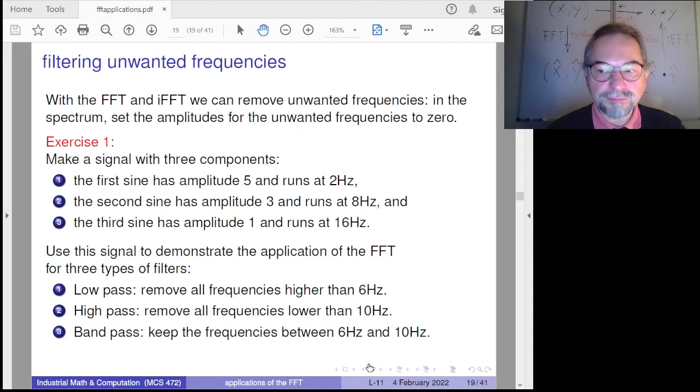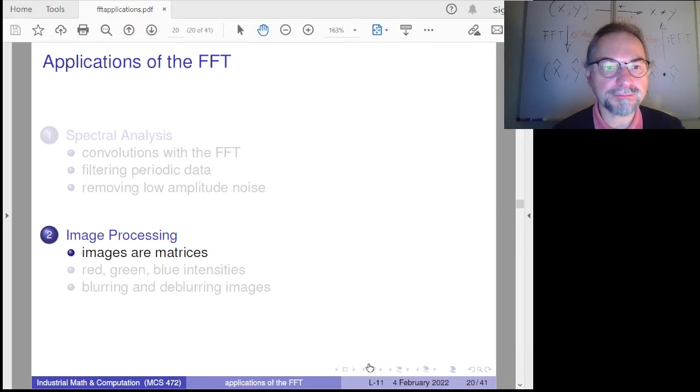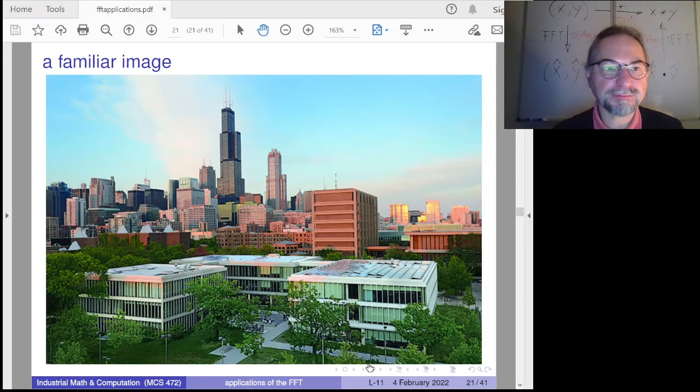Okay, this is our first application to filtering. Filtering that can be done online because of this quasi-linear cost. Okay, so let us now look at another application of the Fast Fourier Transform, in the blurring and deblurring of images.